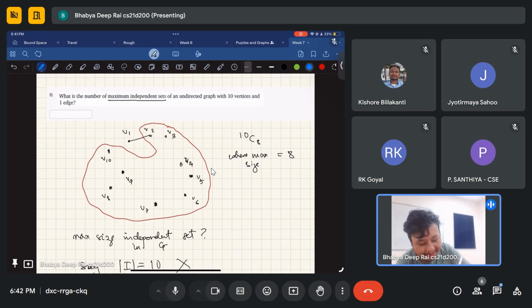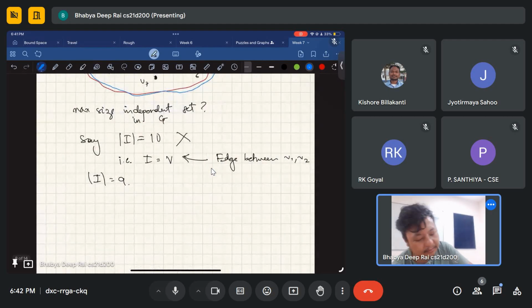So 9 is the maximum. But can I have another 9 sized independent set here? Yes, I can. Again, I'll choose this large chunk here, which doesn't have any edges between them, and this. I won't include V2 this time. Here, this is a maximum independent set.